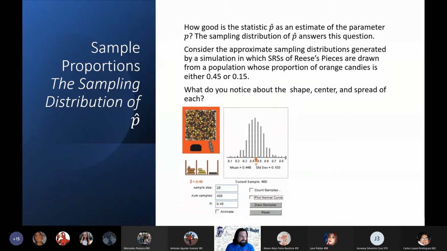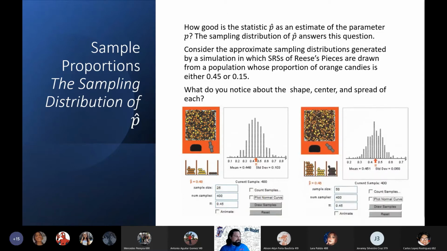So first we have a sample of Reese's Pieces with a population proportion of orange of 0.45. And we get this distribution. We have a sample size of 25, and we see that the center is approximately 0.45. We actually get a p hat of 0.48.